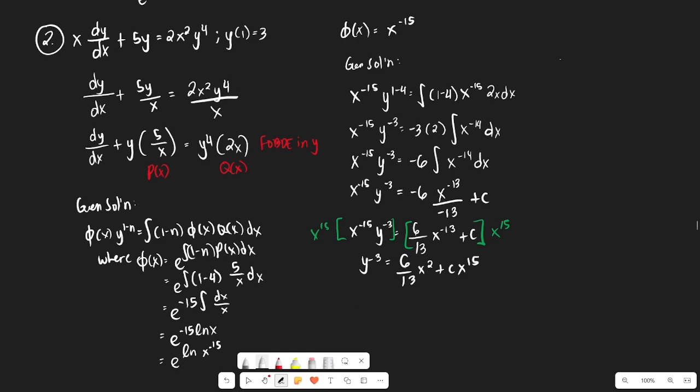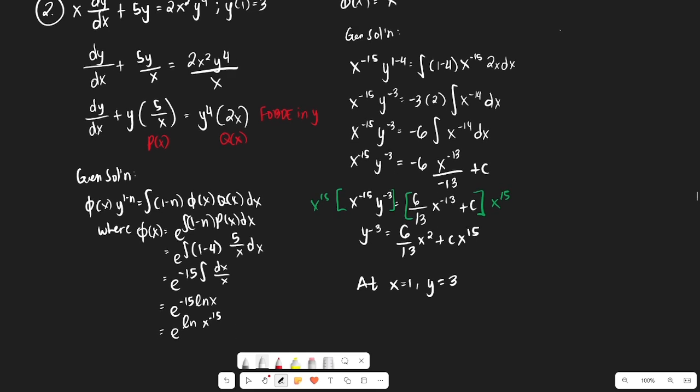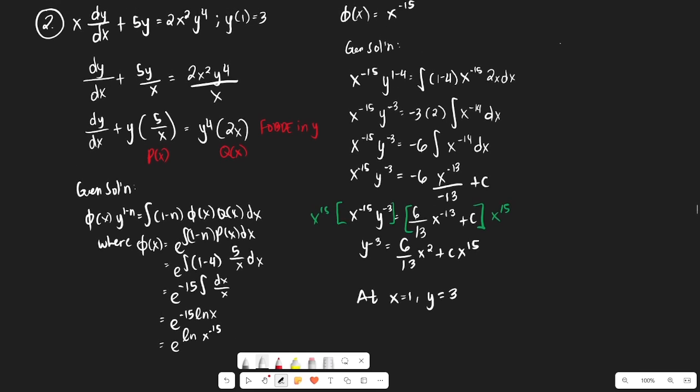We're gonna have to substitute x equal to 1 and y equal to 3. Since on our initial condition, y is a function of x, your 1 is actually x and your 3 is the value of y. So we're gonna substitute that.